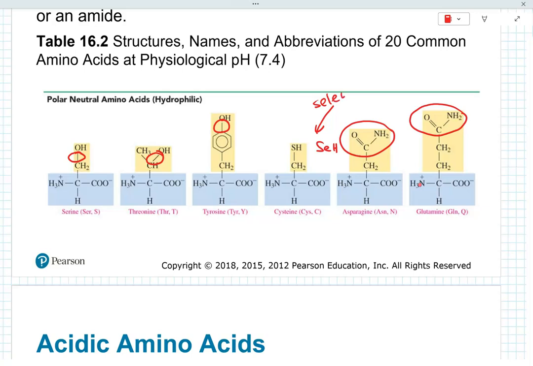Can you take a look at the periodic table for me? Where is sulfur? Yes, number 16. And selenium? Right under it. And what do we say about the elements in the same column? What do they have fairly in common?